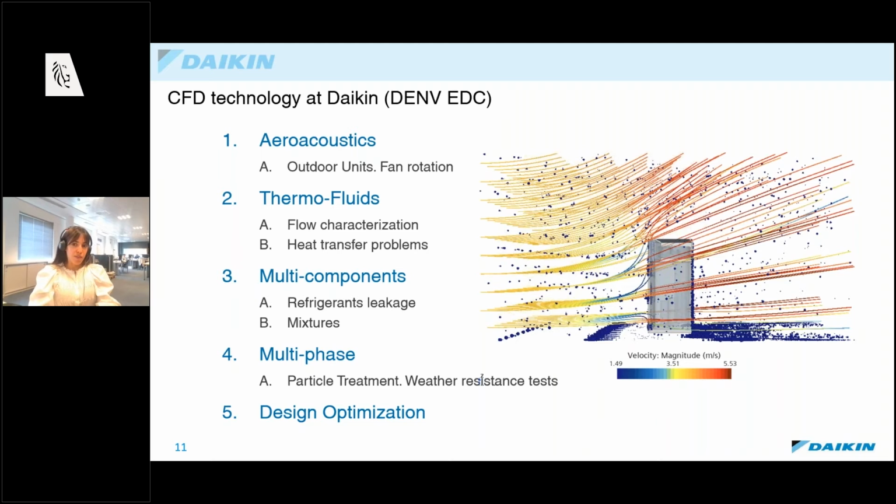Also, multi-phase problems, as the picture we show here, when we analyze particle treatment, for example, specifically for weather resistant tests that we have to do to our units. And finally, design optimization, where we perform parametric analysis or we use the adjoint model or topology optimization approaches.